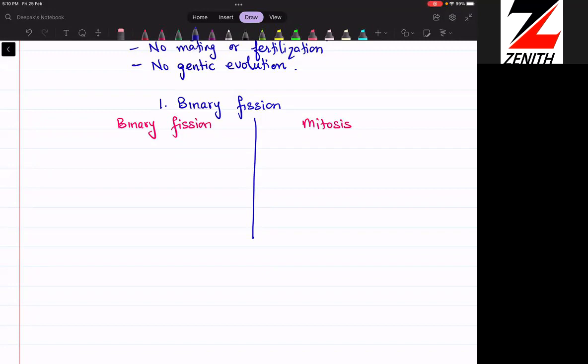See, it is a clone. And when a cell is a clone, that means it has the exact set of DNA. Whether it's a small body or a big body, the exact set of DNA is there. So in fission or in mitosis, both ways, first the DNA gets divided into two parts and then the division takes place.